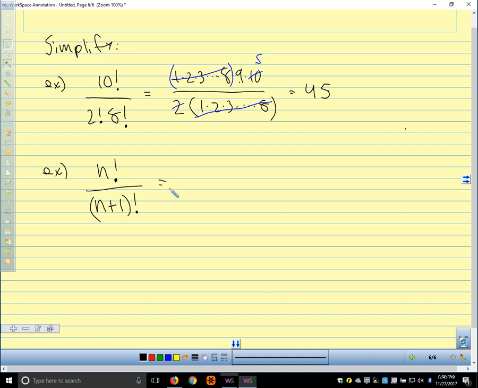But what we're going to do is write 1 times 2 times 3 times dot dot dot all the way up to n. And in the denominator, we have 1 times 2 times 3 times dot dot dot times n plus 1. Well, what can I do with this and this? I can cancel all those out. So this is just 1 over n plus 1.